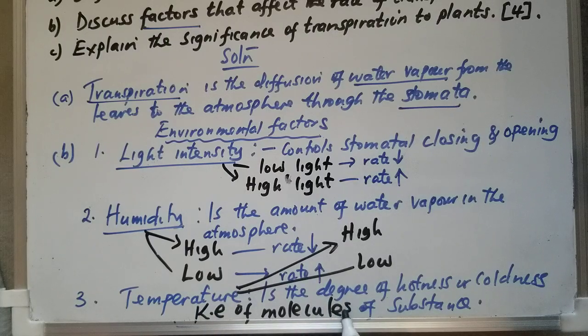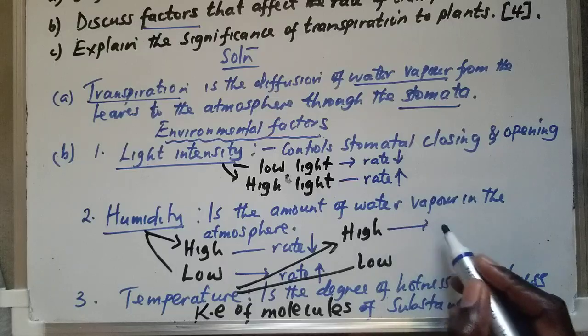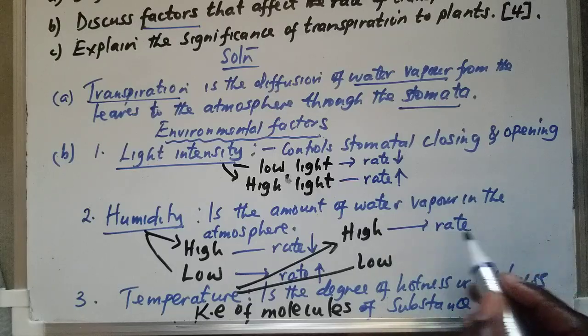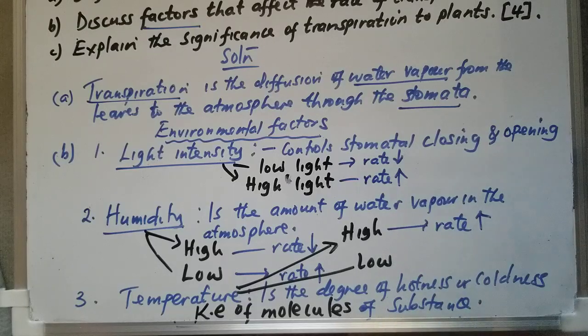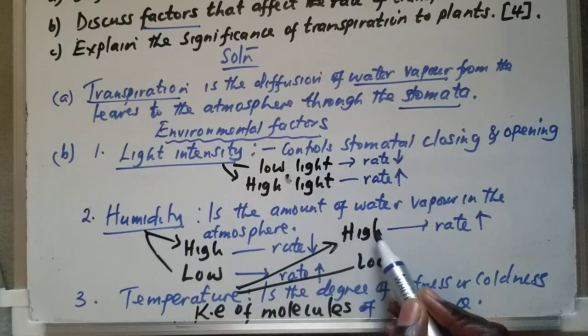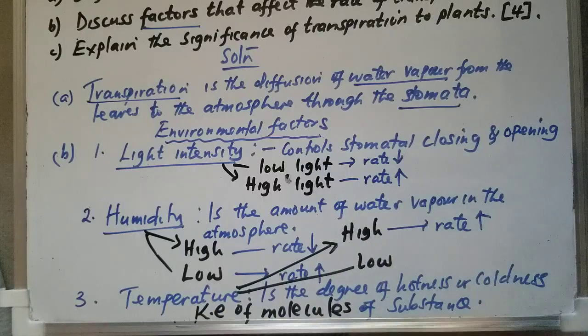So when there's high temperature, it will increase the kinetic energy of the water molecules, and once it increases, the rate of transpiration will be high. In other words, high temperature promotes a high rate of transpiration because the water molecules will have enough kinetic energy, and hence they will be able to escape.